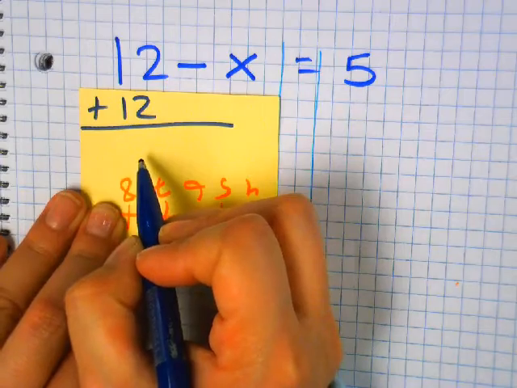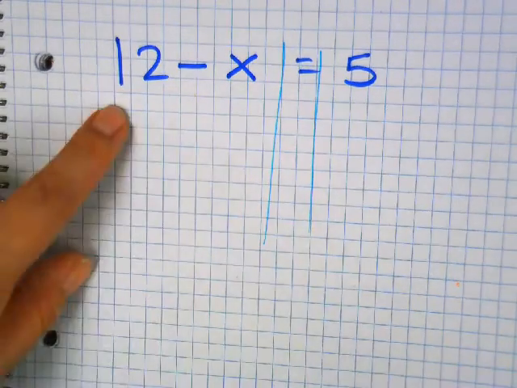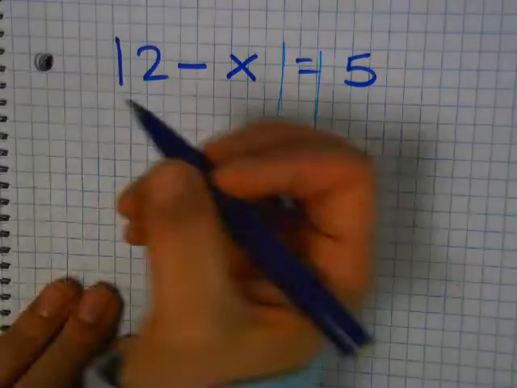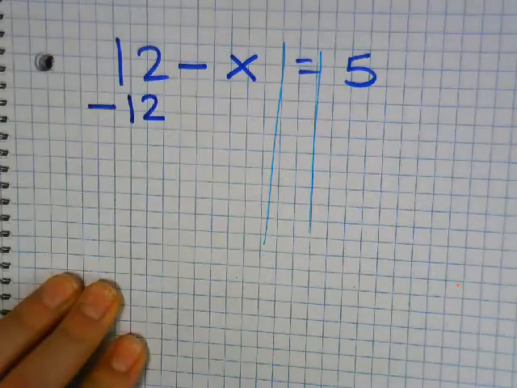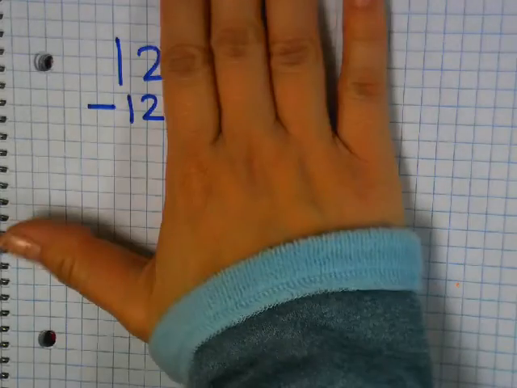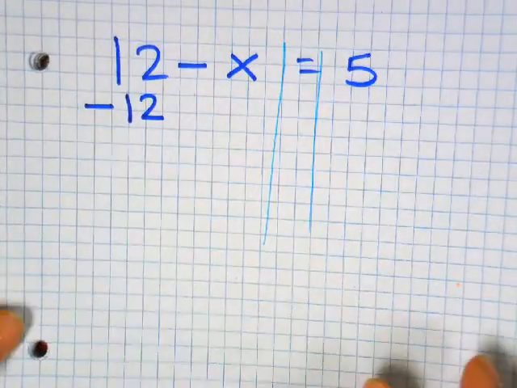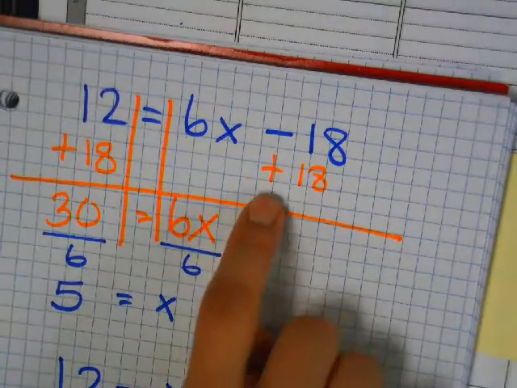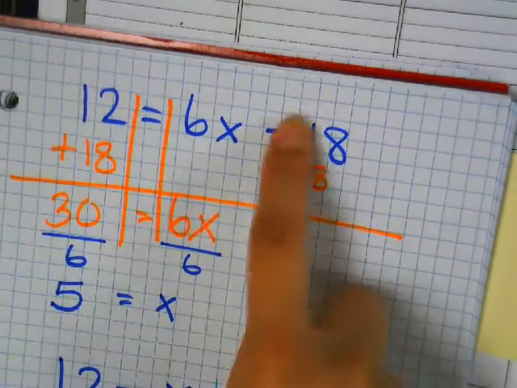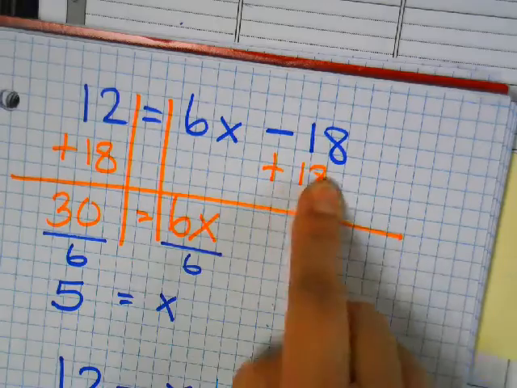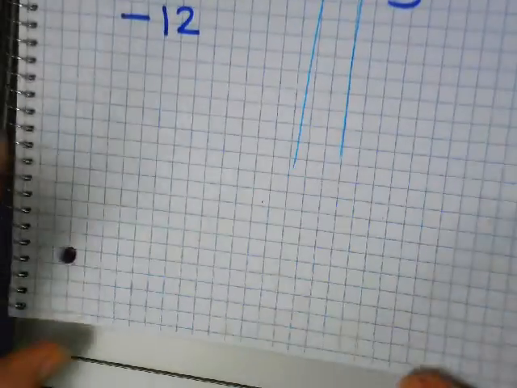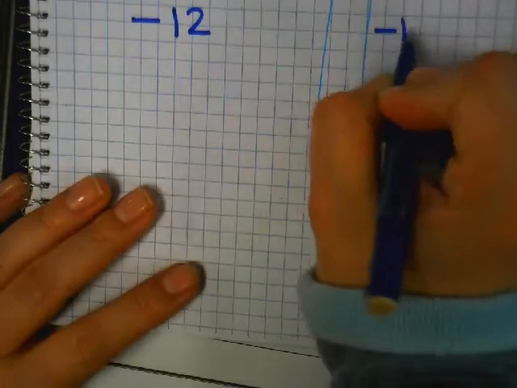No. Right? So what do I have to do to 12 to get rid of it? Subtract 12. Now, does this make it 0? 12 minus 12? Yeah. All of these problems, the reason I added 12 here is to make this a 0, right? That's our whole goal, to make it 0 or 1s. So minus 12 on this side.